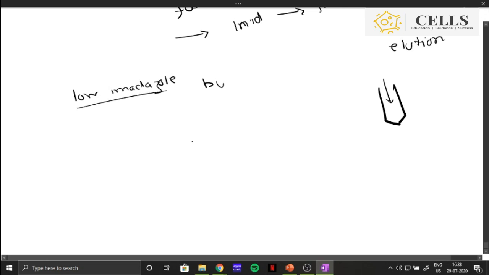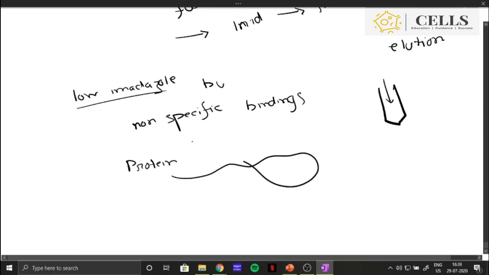So, low imidazole concentration removes non-specific bindings. Suppose there is a protein that has histidine in its sequence, say 2 histidines. It is not our protein of interest, but if these 2 histidines somehow get attached to the nickel 2+, we don't want this.